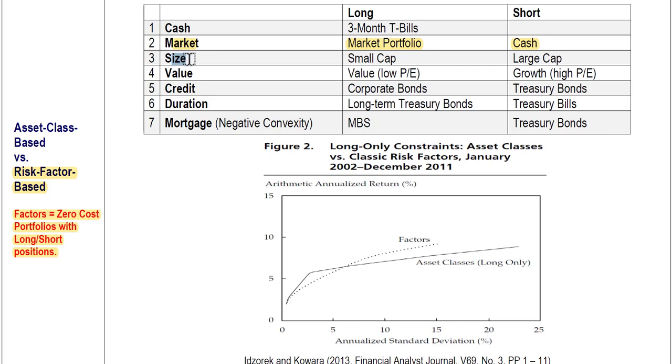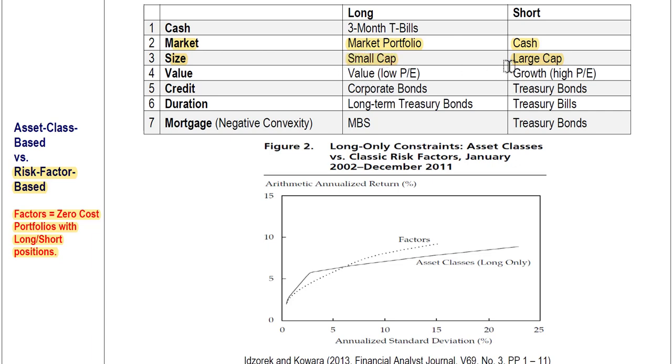For example, another very famous risk premium is the size risk premium from the Fama-French three-factor model: size, value, market. So how do we mimic the size factor? Here we're going to do the real trading. We short the large cap, and use the money from shorting the large cap to buy the small cap.